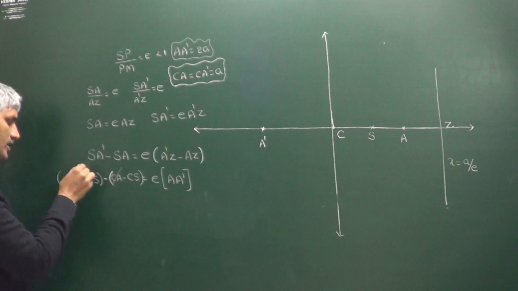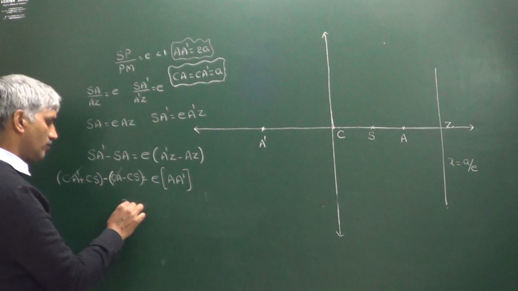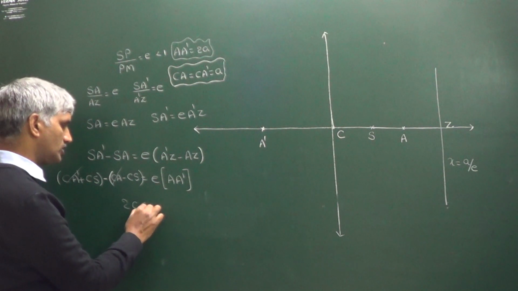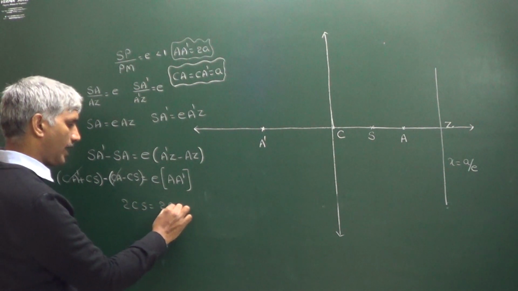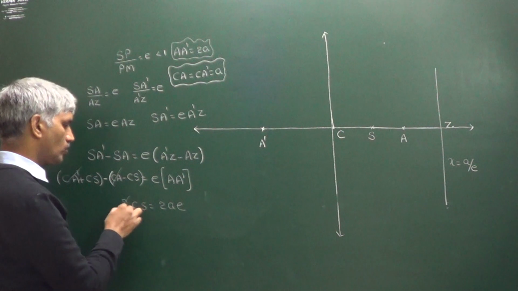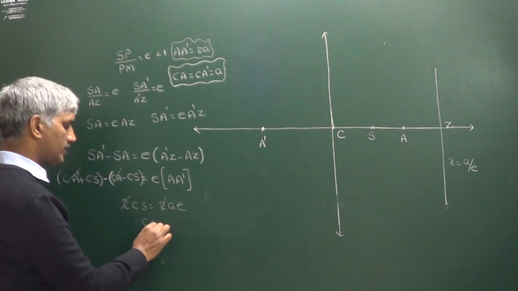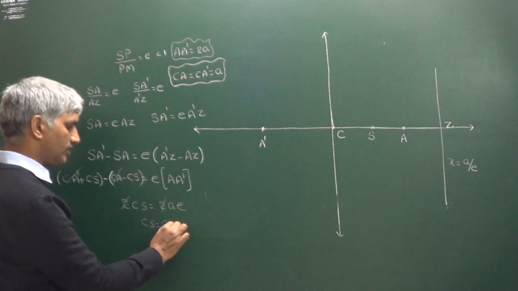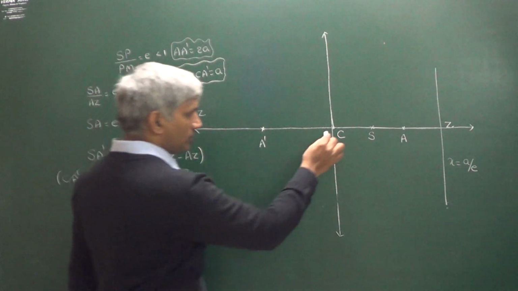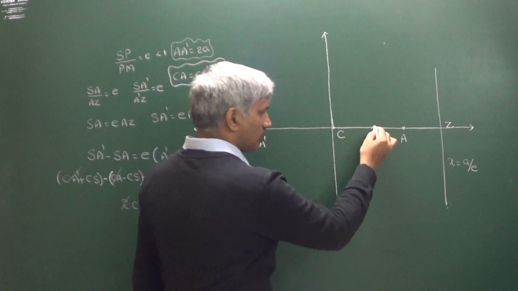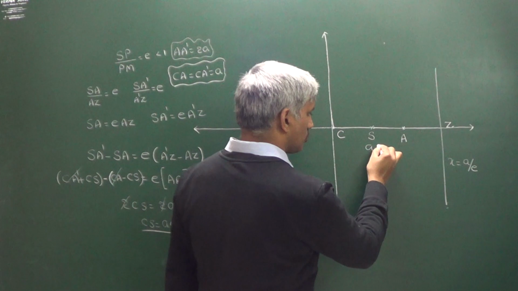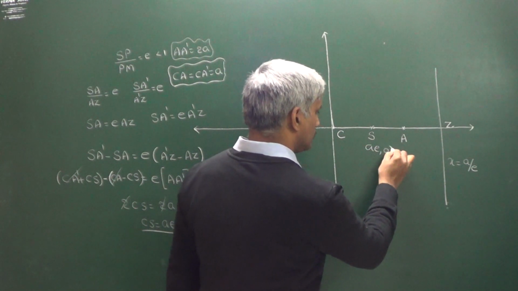Now CA dash gets cancelled. We are getting 2 times CS is equal to 2AE. So 2 also gets cancelled. We will get CS is equal to AE. As CS we got AE, we can say the coordinates of S is equal to AE comma 0.